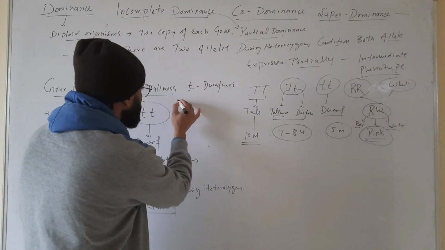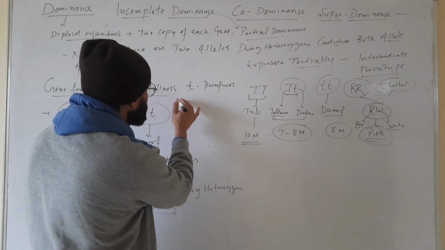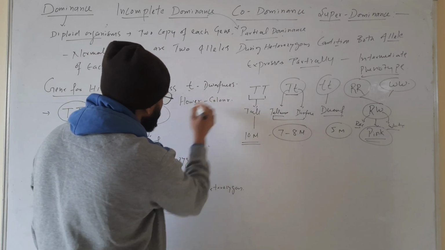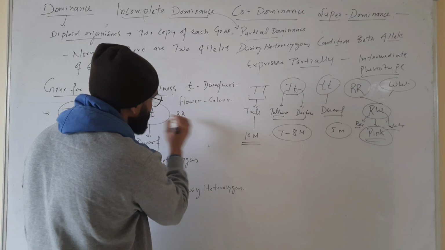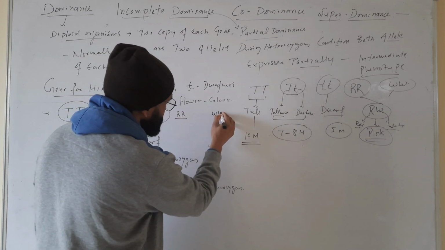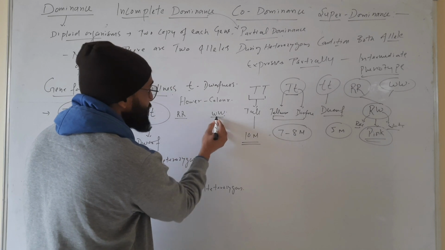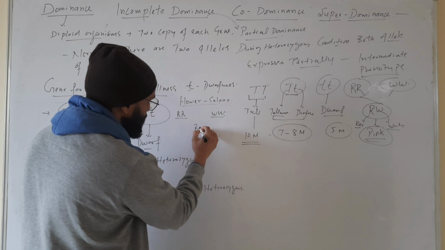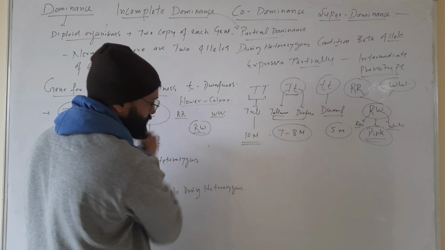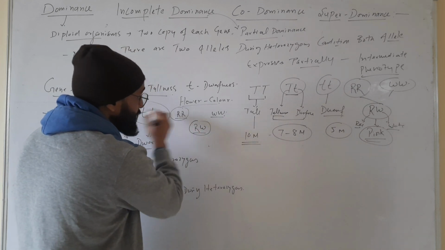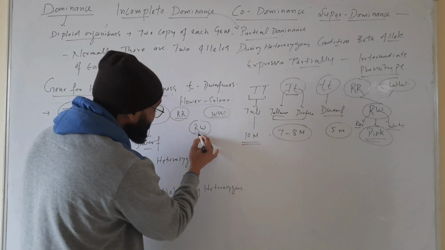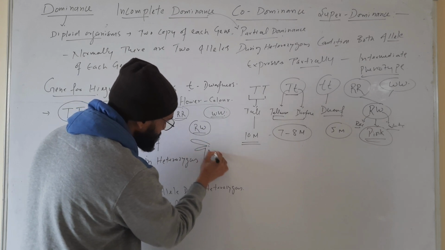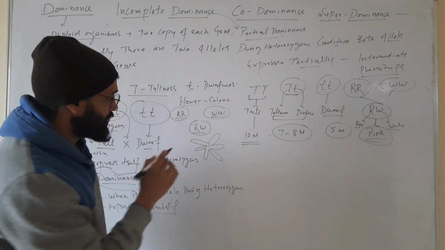Suppose here I am taking the gene for flower color. Suppose this is the red allele and this is the white allele. These are alleles of the gene for flower color. So we get this hybrid. This one is a red colored flower, this one is a white colored flower. But in the hybrid, this flower has both colors.